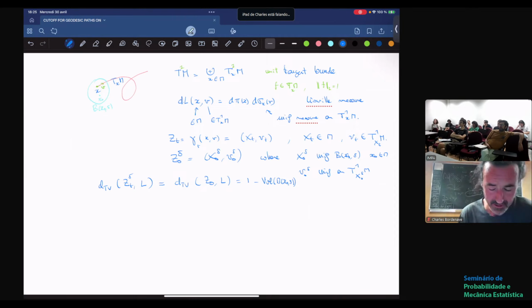Okay, so what we proved, this is our first result with Joffrey, is that if you only consider the position, then you have cutoff as delta goes to 0.